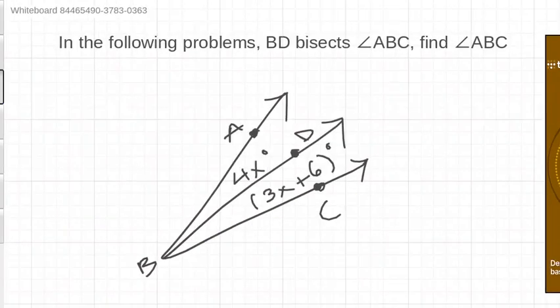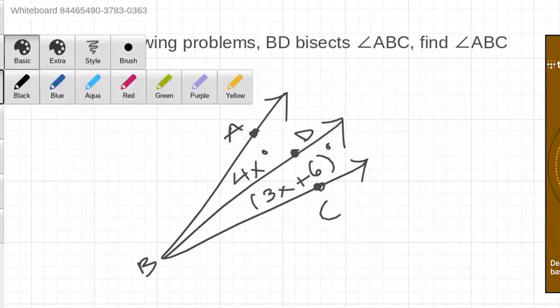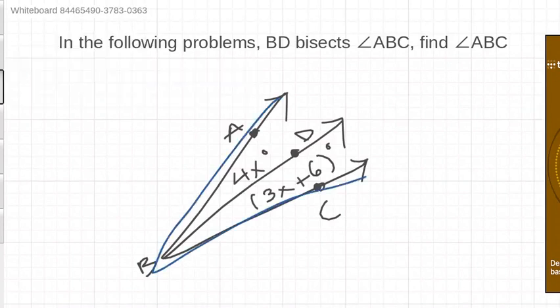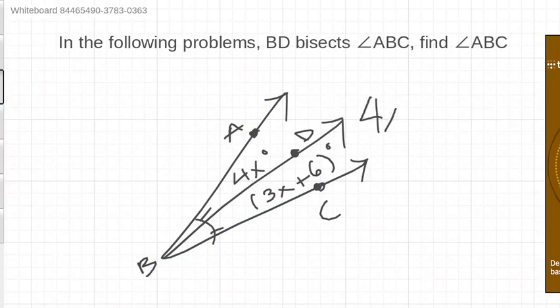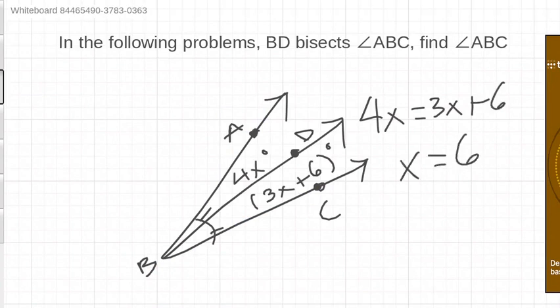Alright, in the following problems, BD bisects ABC, find angle ABC. So we know that bisecting, once again, means that the two smaller angles of this one big angle are congruent. So 4x is congruent to 3x plus 6, which just is x equals 6.